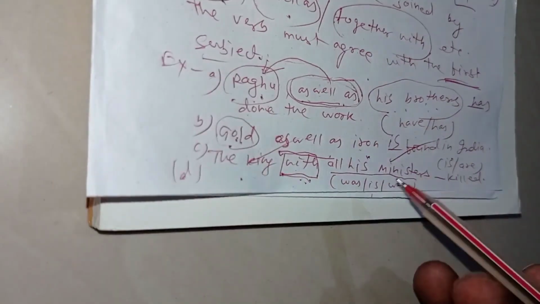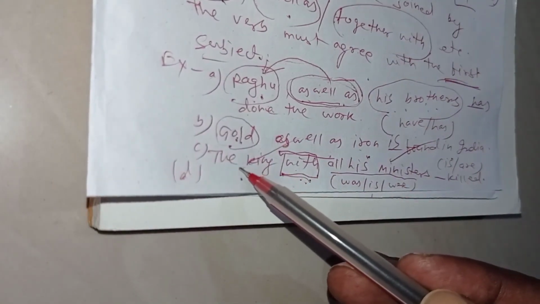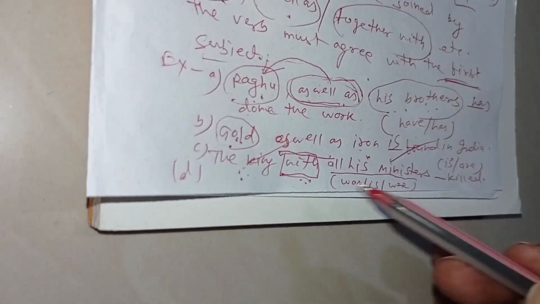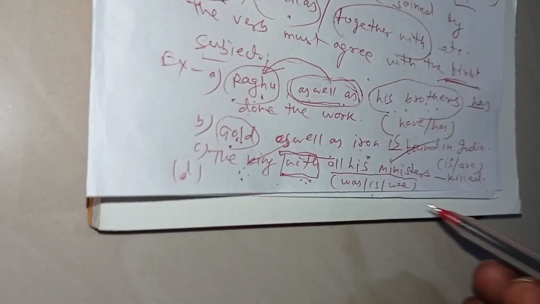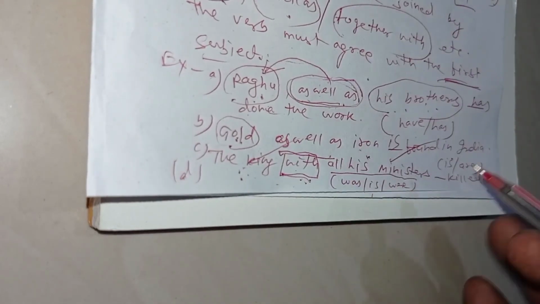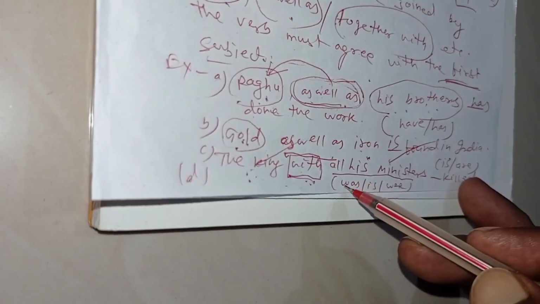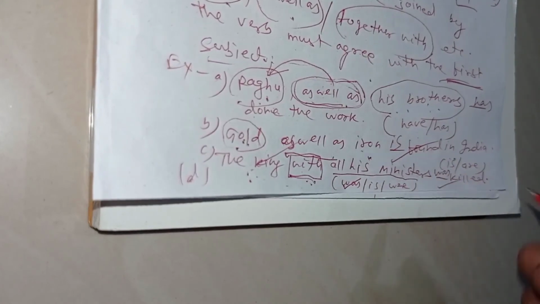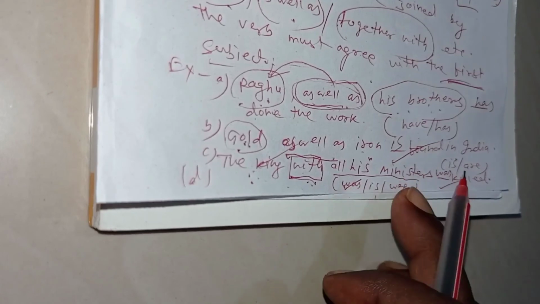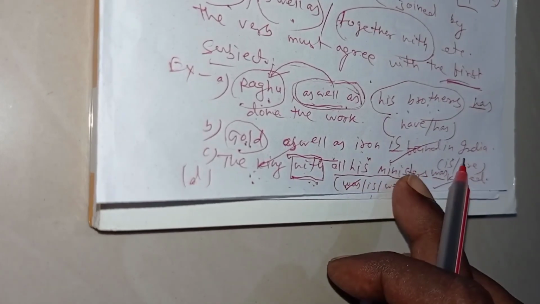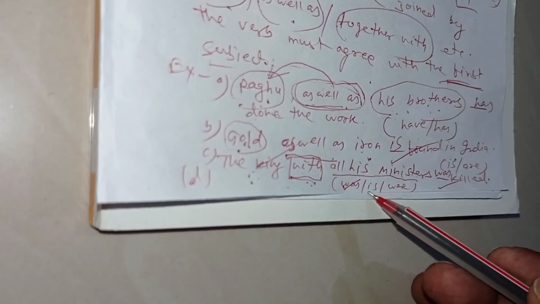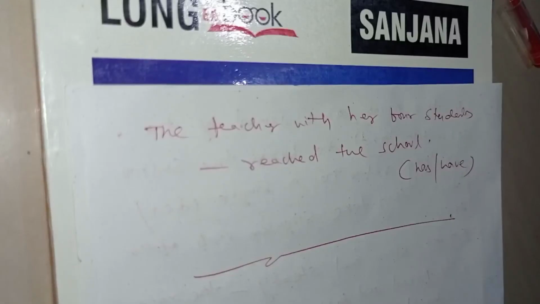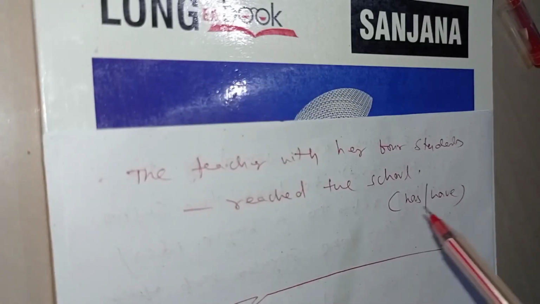So the verb must follow the word king. So after king, which verb is correct? The king is killed, or was killed, or were killed? It must be clear that the king was killed. Was is correct in past simple. The sentence is in passive form and in past simple. You have to remember this. And here is or were will be impossible. They cannot be used.